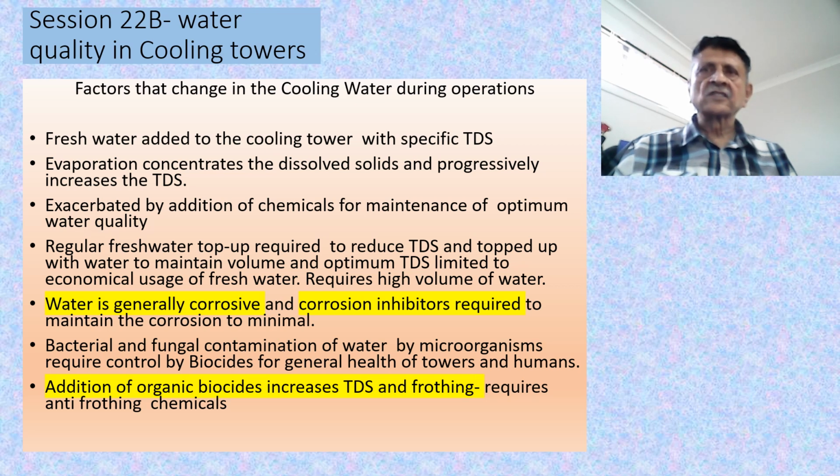Then you have the bacterial and fungal contamination of water by microorganisms from the air, which is being scrubbed by the water that falls from the top of the tower, and they have to be controlled by addition of biocides. And this is particularly necessary for maintenance of a good tower, also for the health of the towers as well as humans. Of course, as you know, organic biocide addition would increase the TDS and frothing, so you have to have anti-frothing or anti-foaming chemicals.